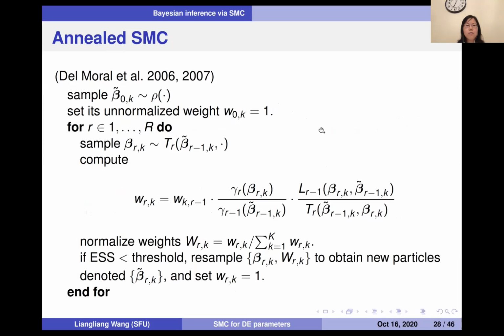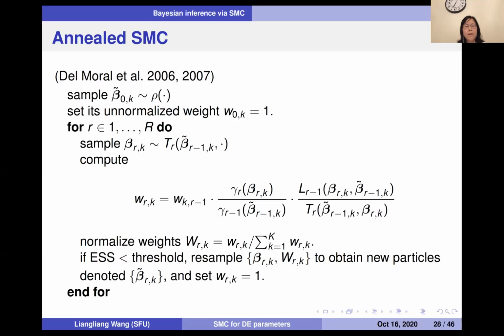The algorithm we are using is based on the SMC method proposed in 2006, 2007, and we have this general framework where we start from the first distribution, which is our reference distribution in this case.